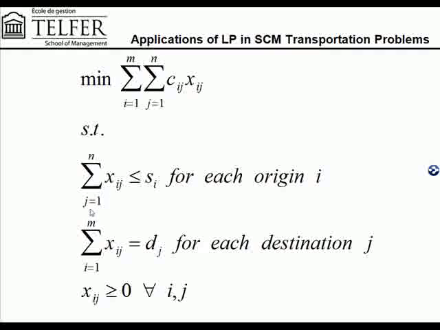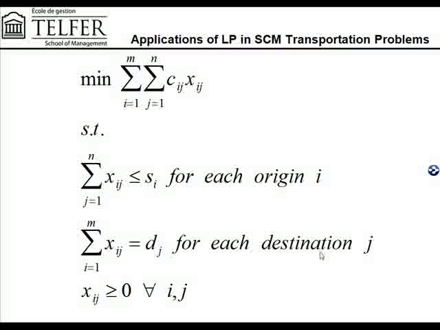So for all J, from J equals 1 to J equals N, which are all of your demand points, the sum of everything going from I to these demand points is less than or equal to the total supply out of that supply point.